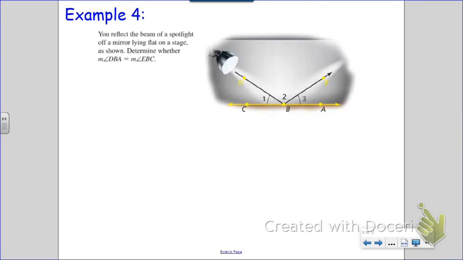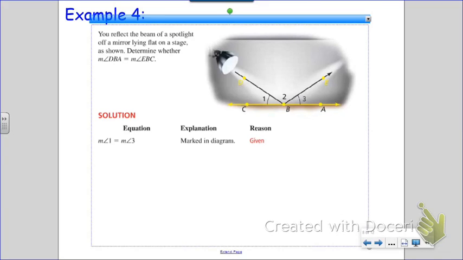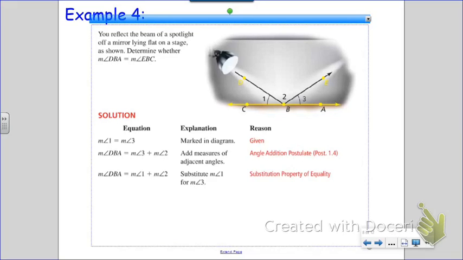In our next example, you reflect the beam of a spotlight off a mirror lying flat on a stage as shown. Determine whether the angles are equal. So we have measure of angle 1 equals angle 3. That's given. We know that adding the measures of adjacent angles, that's angle addition postulate, the measure of DBA equals angle 3 plus angle 2.